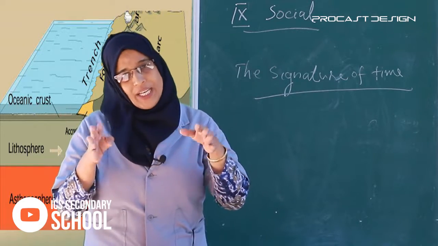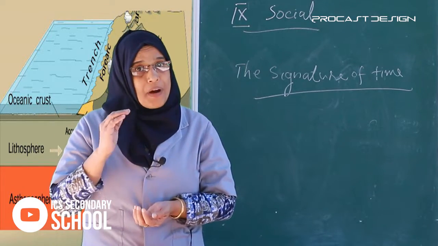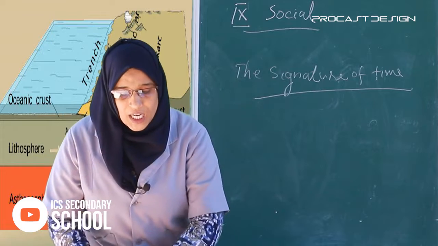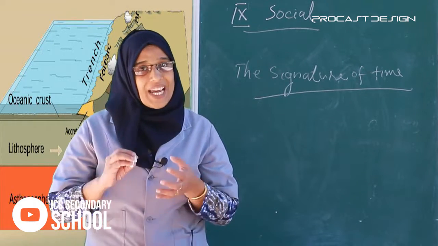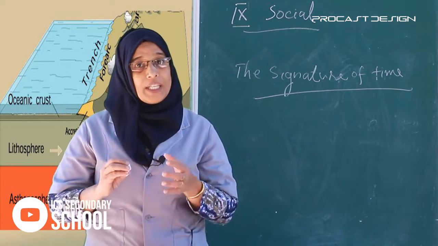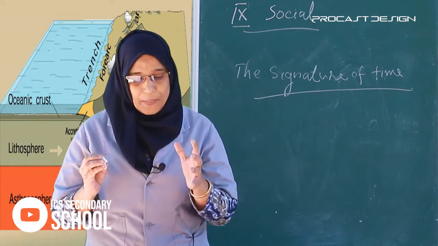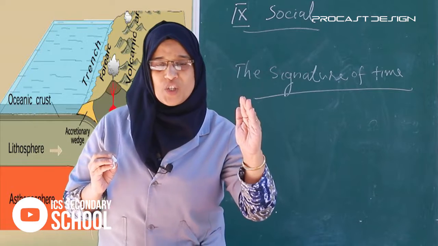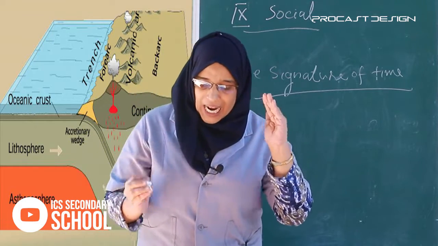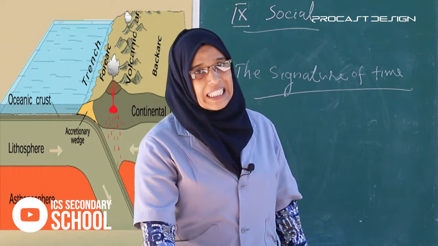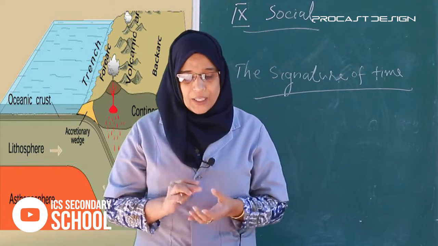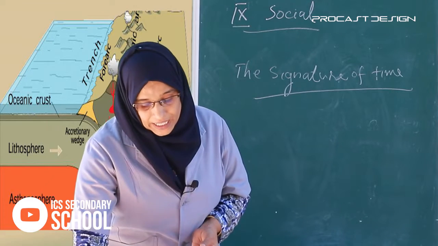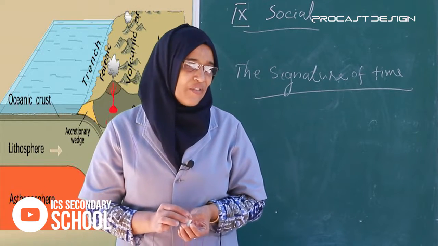Magma, which is part of the mantle, remains molten due to the high temperature of the earth's interior and undergoes continuous convection.